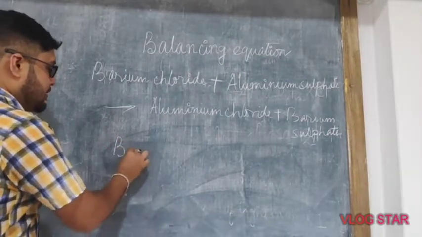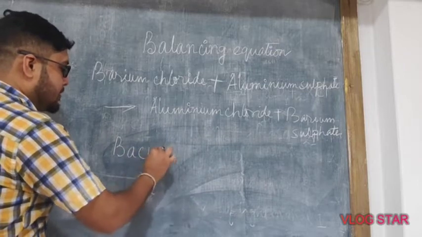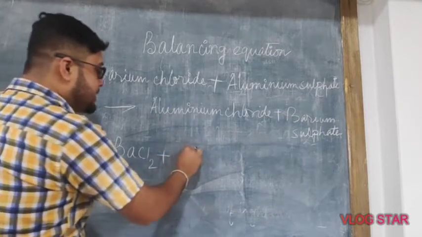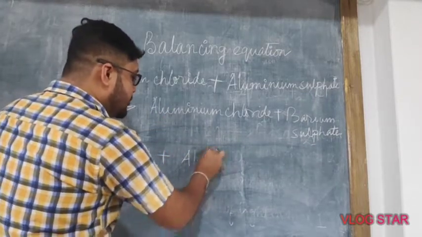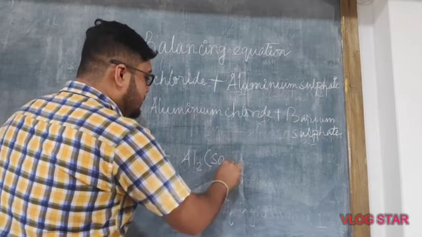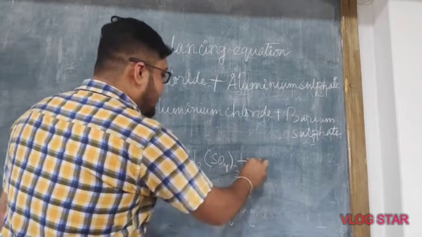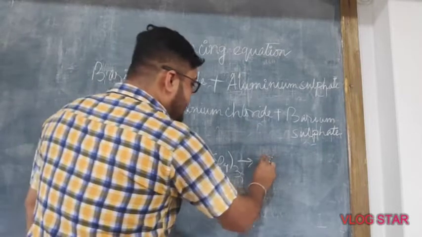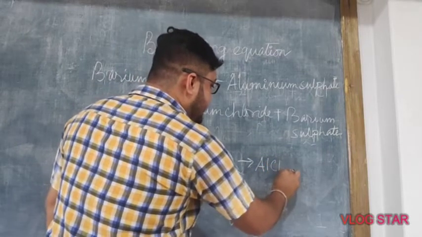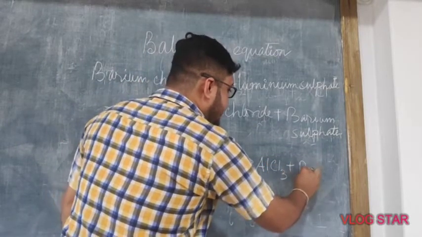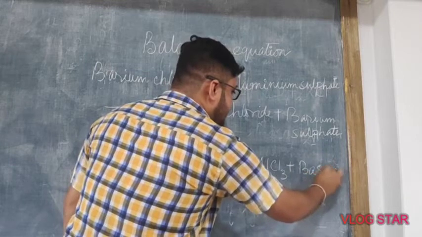Barium chloride BaCl2 plus aluminium sulfate Al2(SO4)3, arrow, aluminium chloride AlCl3 plus barium sulfate.